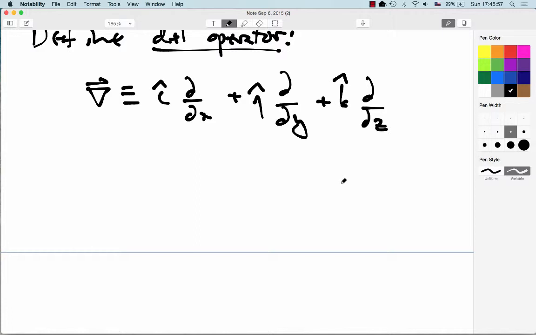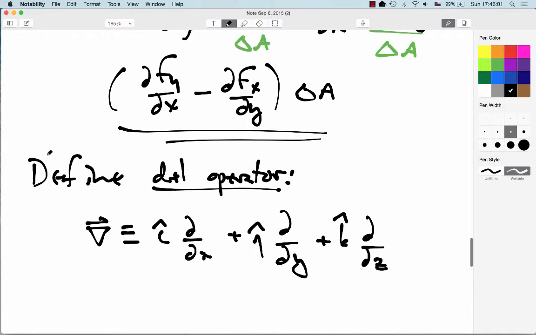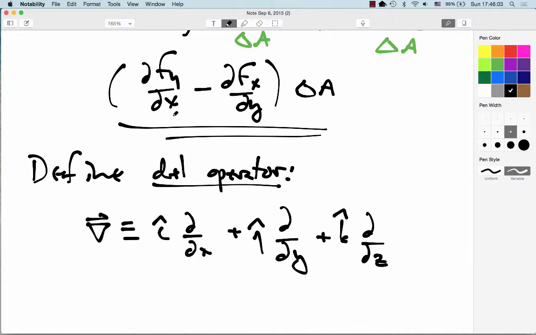That's all well and good, but for our result, we look at this and we recognize that what we've taken here is the z component of the cross product of this del operator with f.